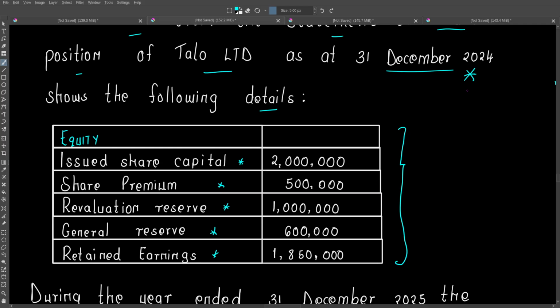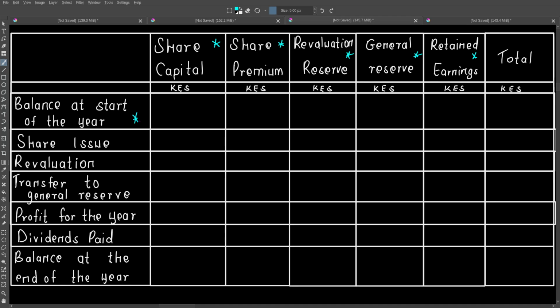Remember, we are preparing the statement of changes in equity for the period ended 31st December 2025. So the opening balances in January 2025 are basically the closing balances in December 2024.